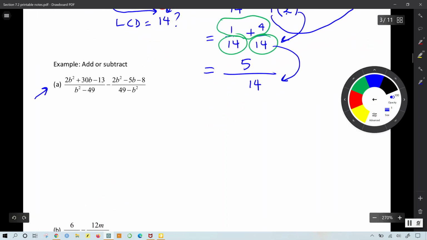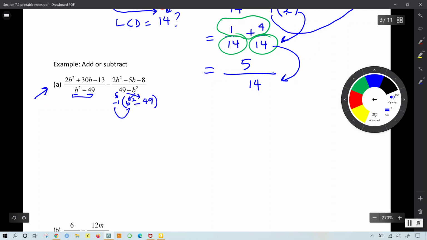So let's look at this question A. What we quickly observe is that the denominators here at first look are not the same. But what do we observe? 49 minus b squared is very close to b squared minus 49. Do you remember the tip we used earlier? We're going to rewrite 49 minus b squared as negative 1, bring b squared forward, then minus 49, because that is exactly the same thing.